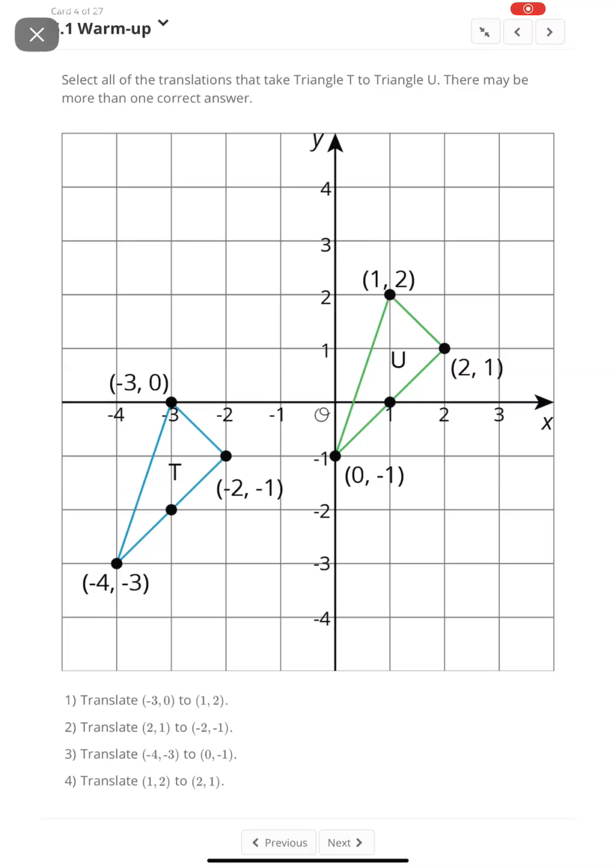So take, for example, this point, (-3, 0). In order for (-3, 0) to translate to (1, 2), we need to translate it 1, 2, 3, 4 units in the positive x direction and 2 units in the positive y direction.